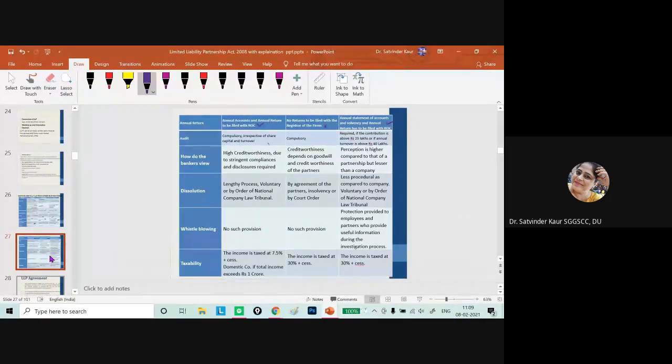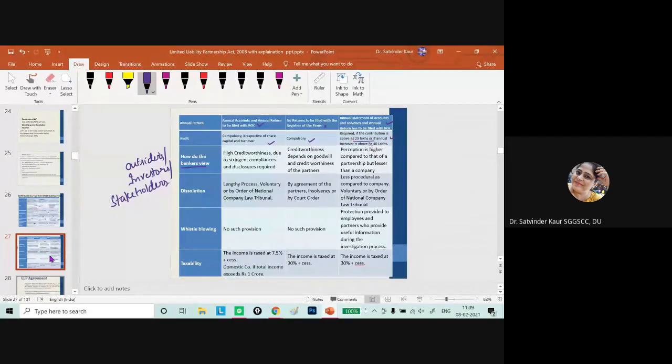With respect to the audit, it is compulsory if the particular contribution is more than a particular limit. Now we talk about how the bankers, outsiders, investors, or stakeholders view a particular organization.